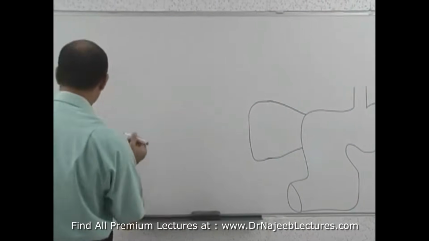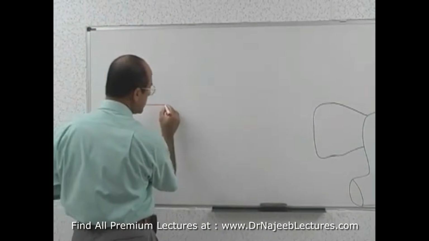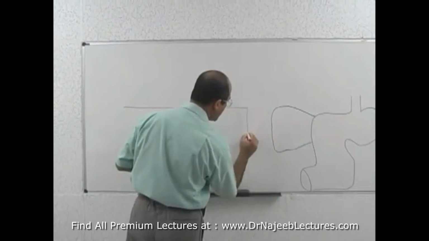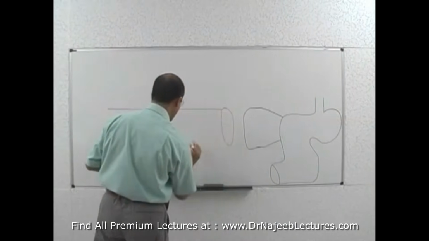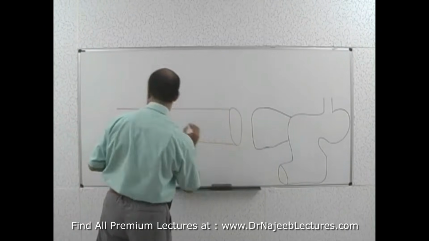Here is your circulatory system, and iron needs to be transported to the blood.